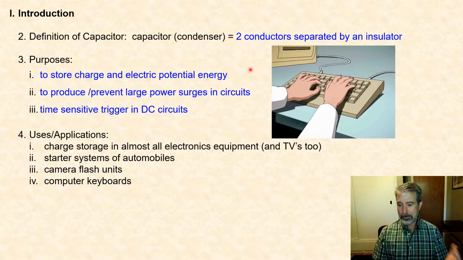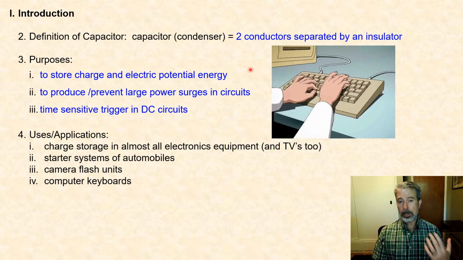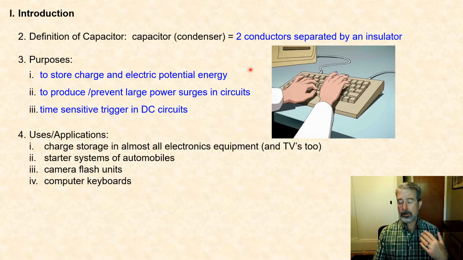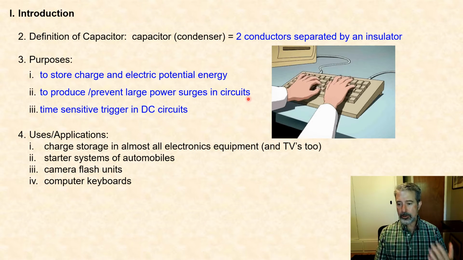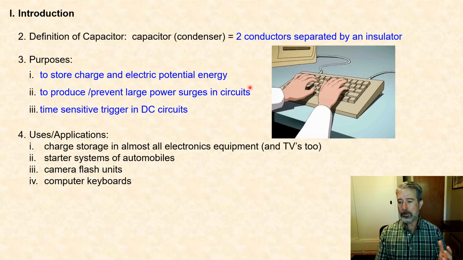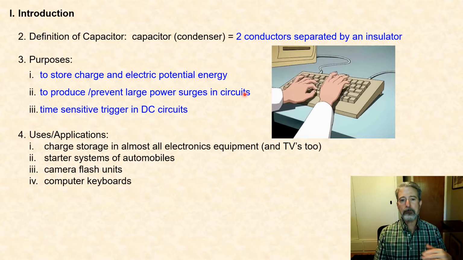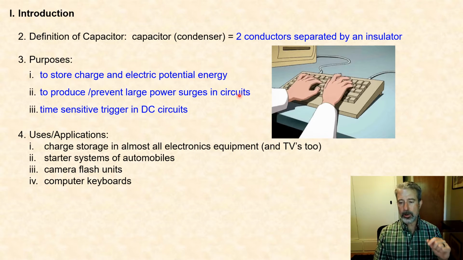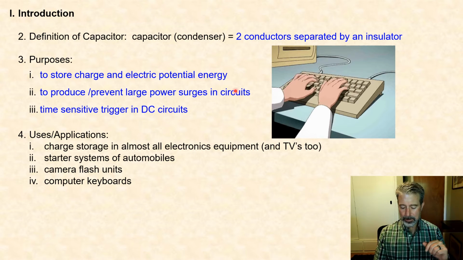As we'll see in a couple slides, that changes the property of the capacitor we call capacitance, and that acts as a trigger in your integrated circuit. That trigger, in the form of zeros and ones, can send a signal for something to happen, like a certain key to be activated.